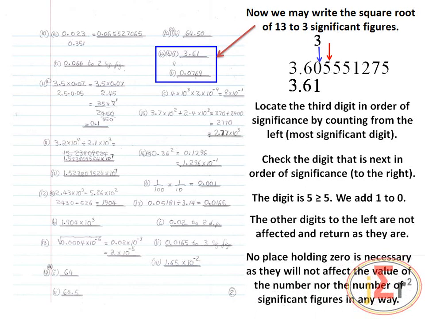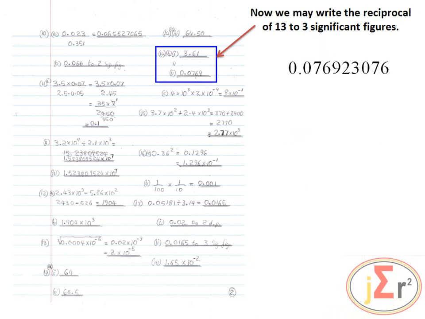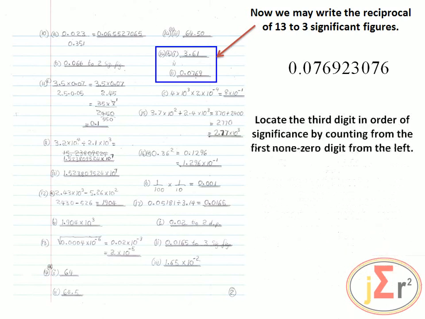No placeholding 0 is necessary, as they will not affect the value of the number nor the number of significant figures in any way. Now we may write the reciprocal of 13 to 3 significant figures.